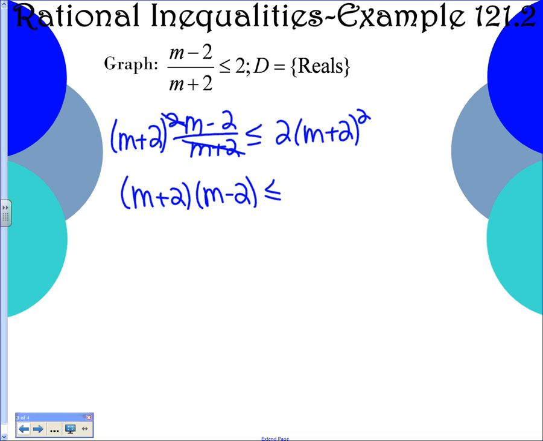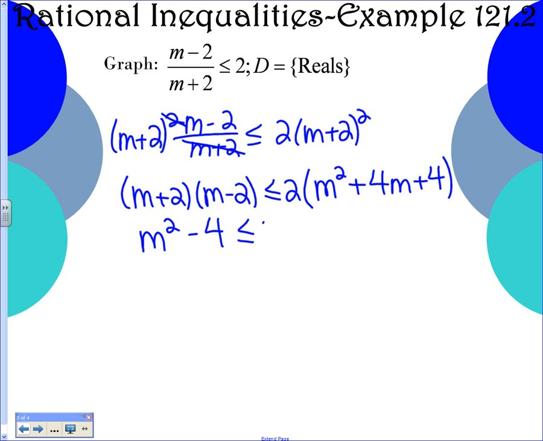Now what? So over on the left side, we're going to end up with m squared minus 4 less than or equal to m squared plus 8m plus 8.